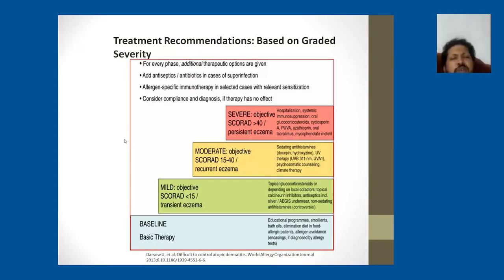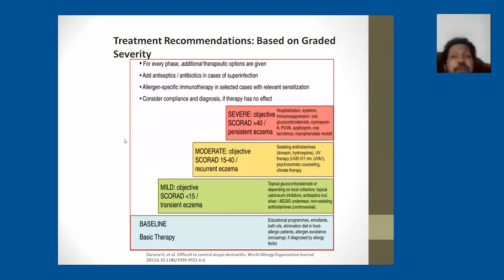The rest depends on the severity. Often our patients need a topical steroid, so we use something mild like hydrocortisone. If it's more severe, there are other treatment regimes we give as well.